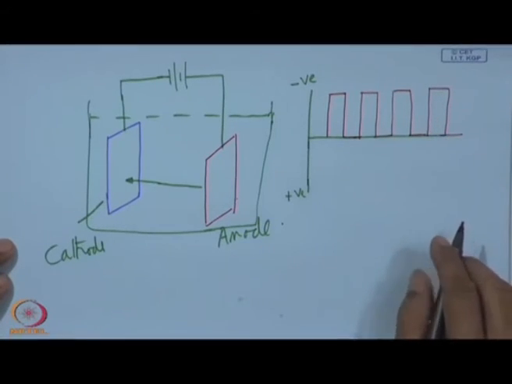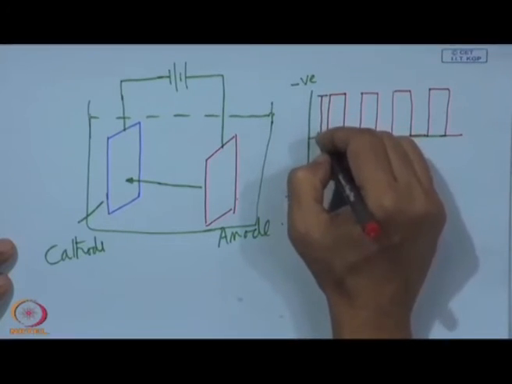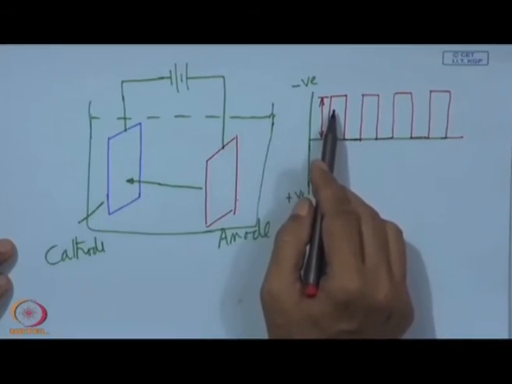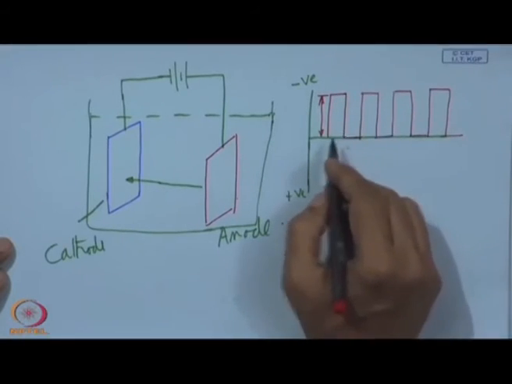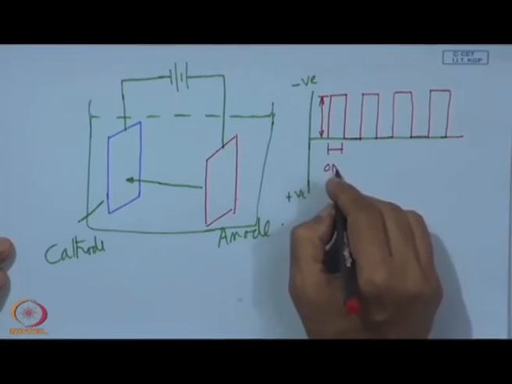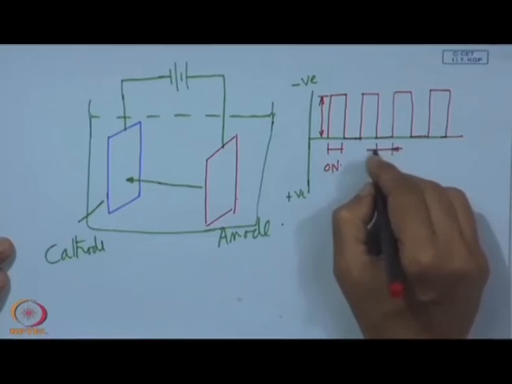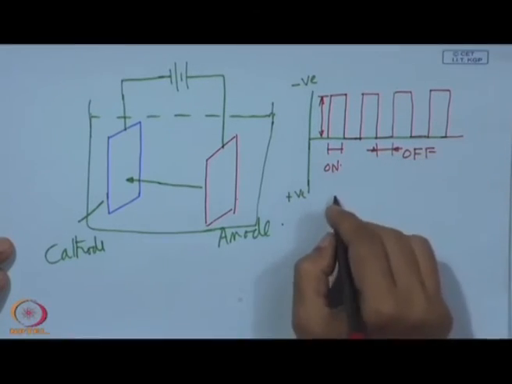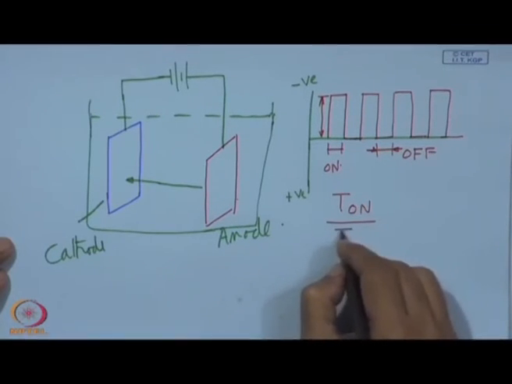Here we see two issues. That means, what is the level of this voltage or current which is negatively polarized. So, this is the cathode voltage, and this is over a period of time that we call on. So, this is on, and here this is the off time. So, we can say it is T on and T off.